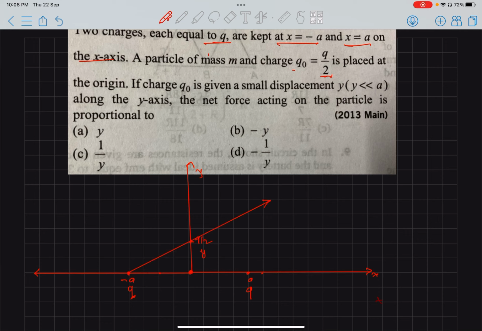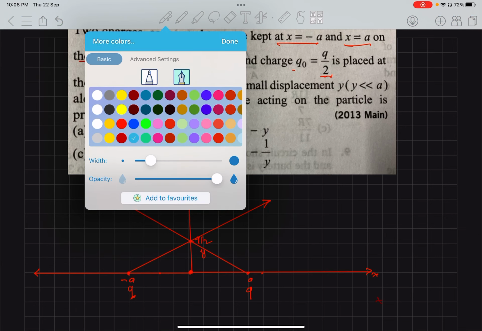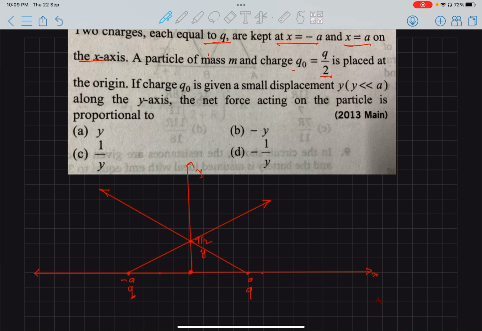Okay, the vector will be like this. Similarly, because of this other charge, the vector will be like this. Okay, now let us draw the components of these vectors. The first component will be in the x direction, the second in the y direction.